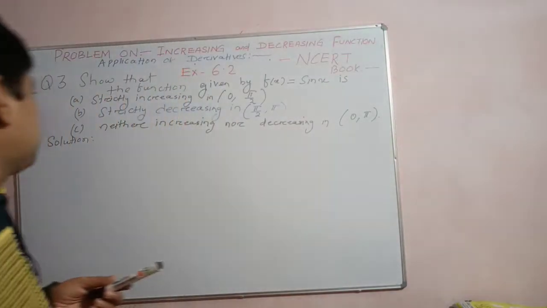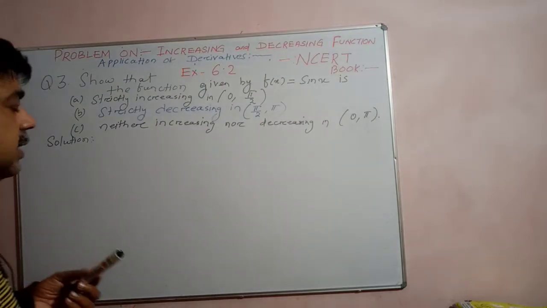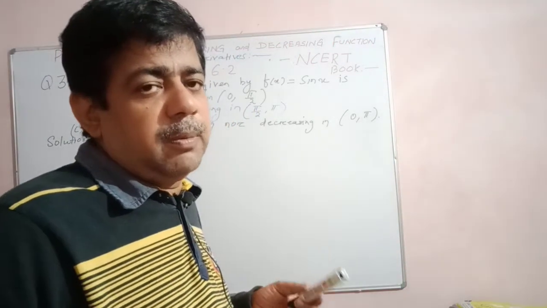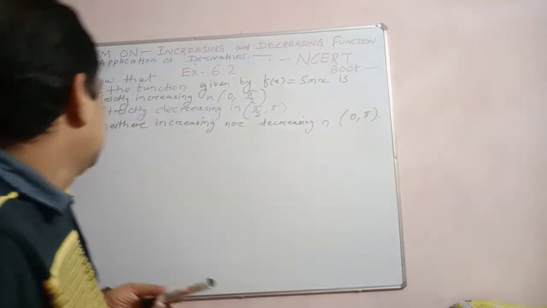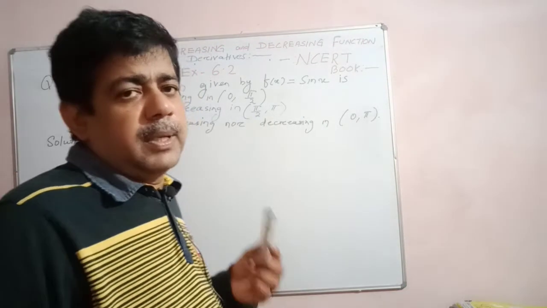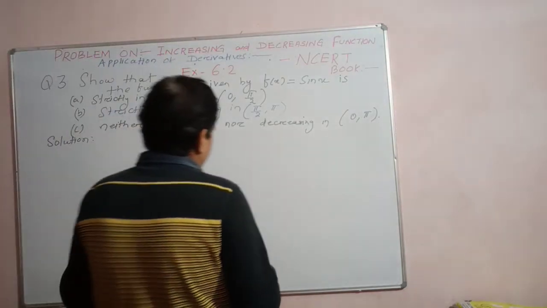Second, prove that the function f is strictly decreasing in the open interval pi by 2 to pi. And in point C, we have to show that the function f is neither increasing nor decreasing in the interval 0 to pi.